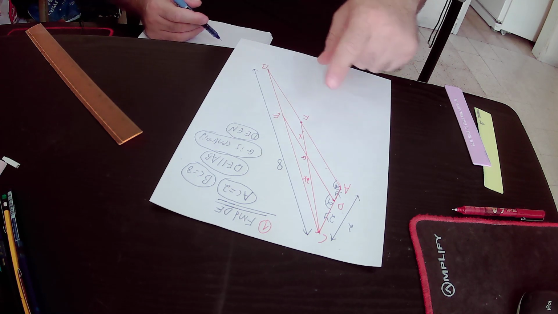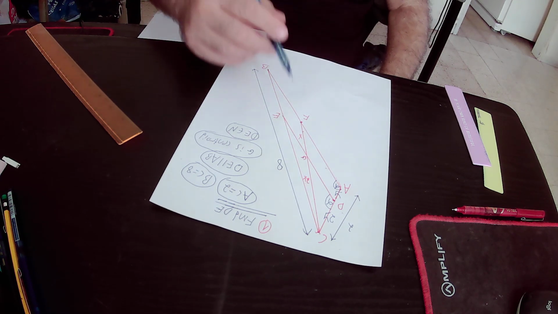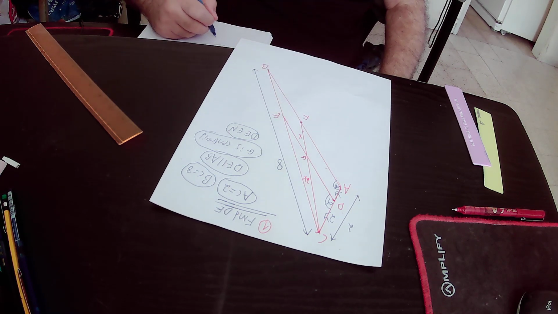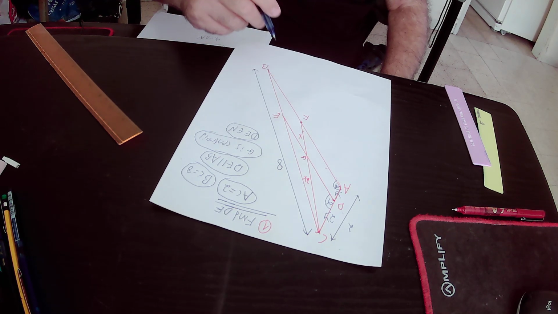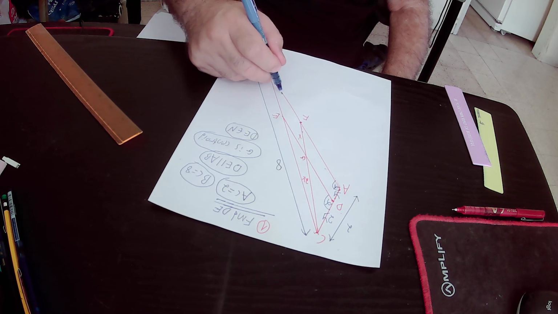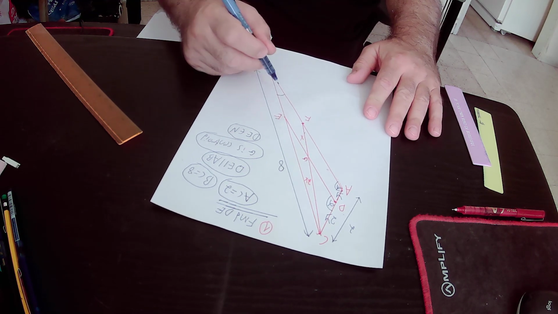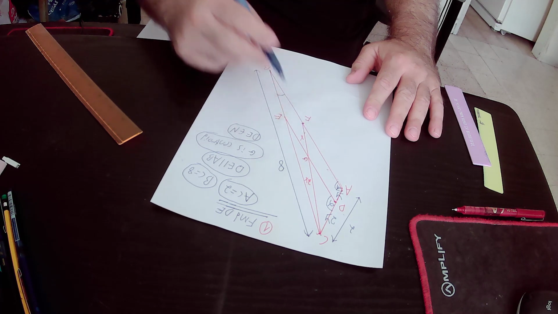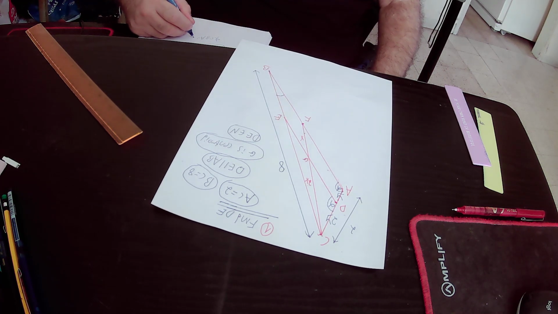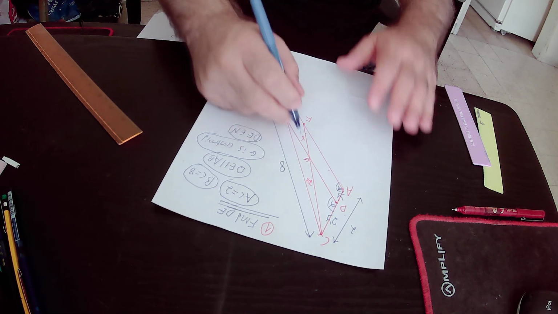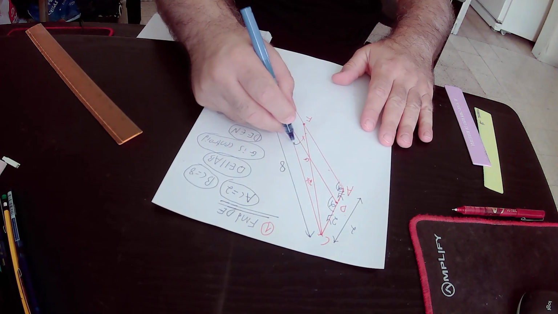That is to say, angle CBA, this angle, will be equal to angle CED, this angle.